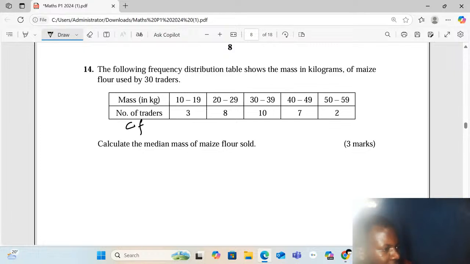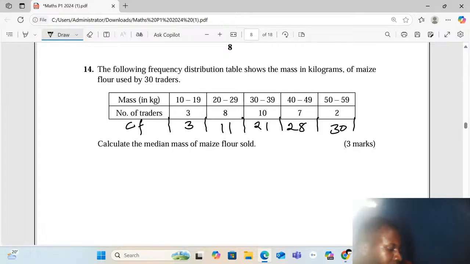You can have it just here and extend this cumulative frequency. So we start with 3, and then 3 plus 8, that is 11. Plus 10, 21. Plus 7, 28. Then you're having 30. That is our CF.